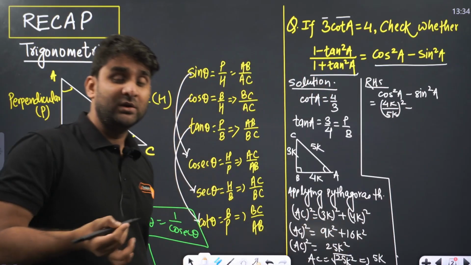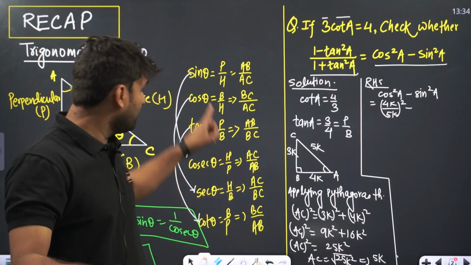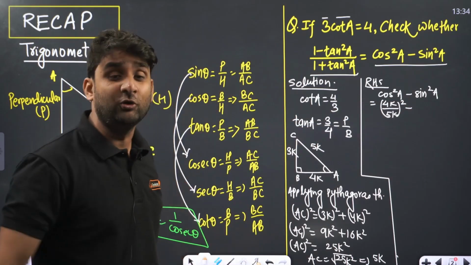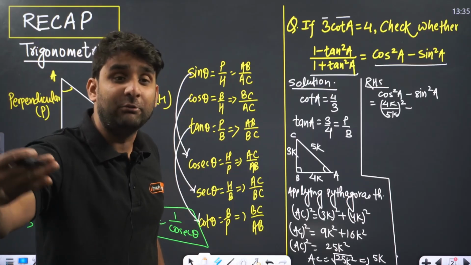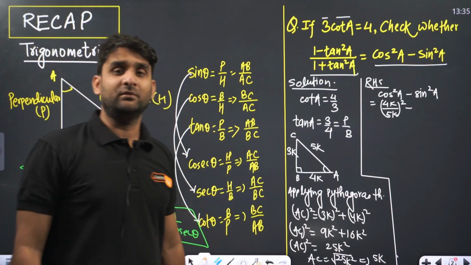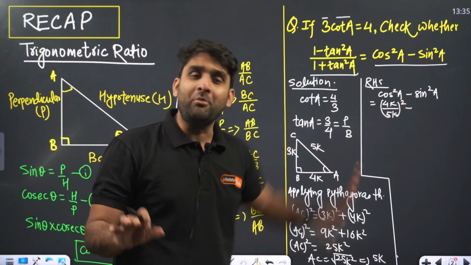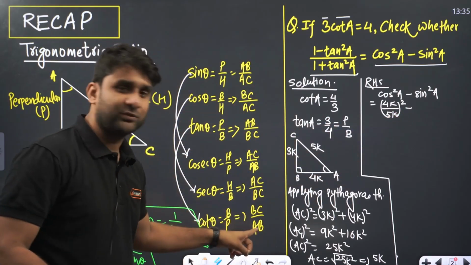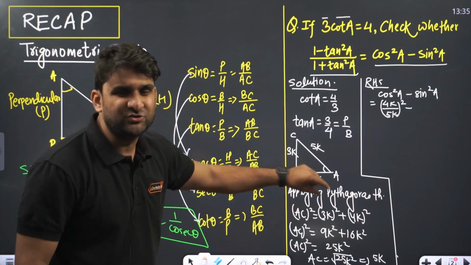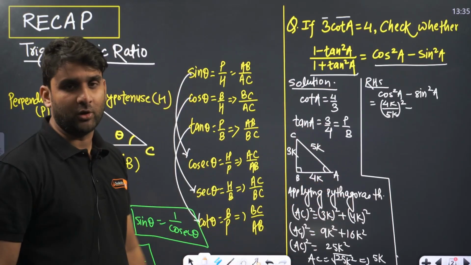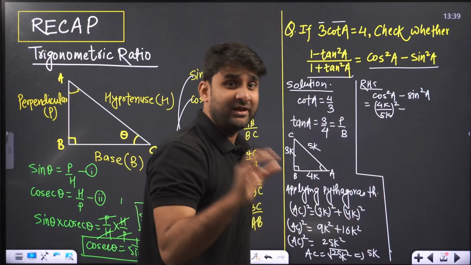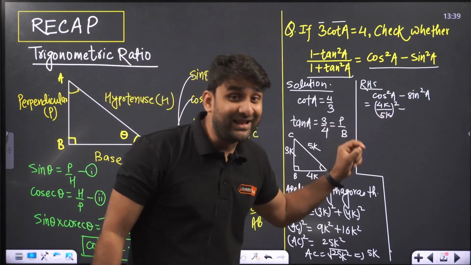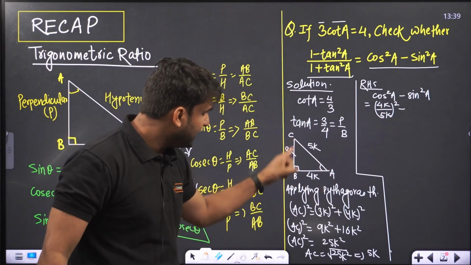Sine A. The trigonometric function decides the ratio, and the position of the angle will clarify where the base, hypotenuse and perpendicular will be. So sine A is basically perpendicular by hypotenuse, and we are dealing with angle A. So for angle A, perpendicular will be BC.